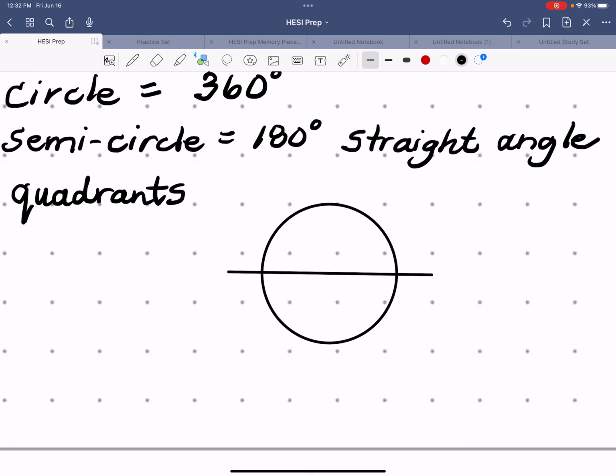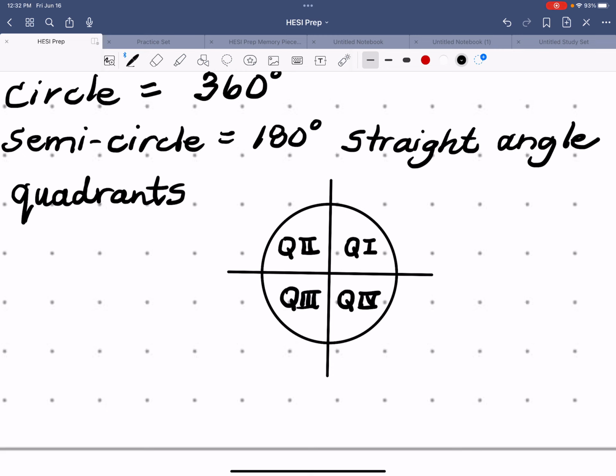There's a straight angle. Here is another straight angle. And there are 4 quadrants. This is quadrant 1. Those are done by Roman numerals. Quadrant 2. Quadrant 3. And quadrant 4.